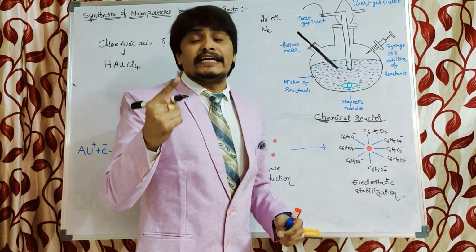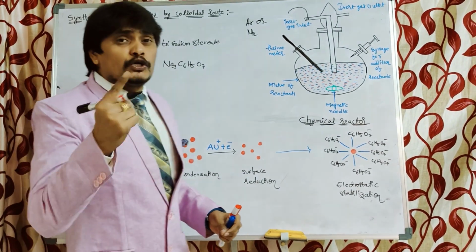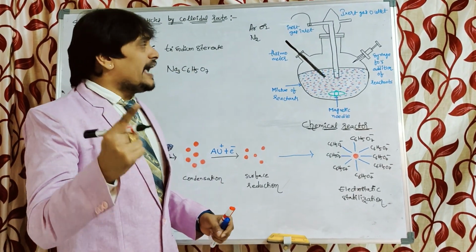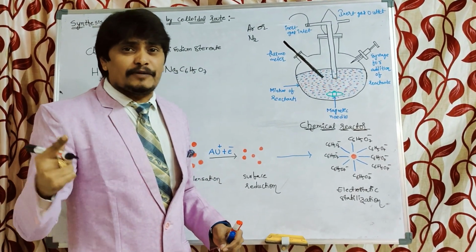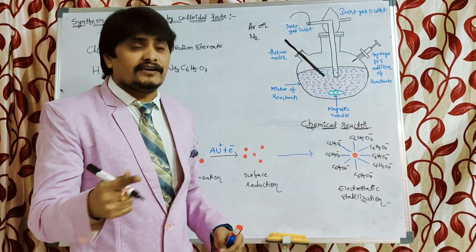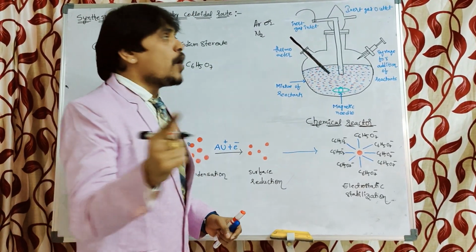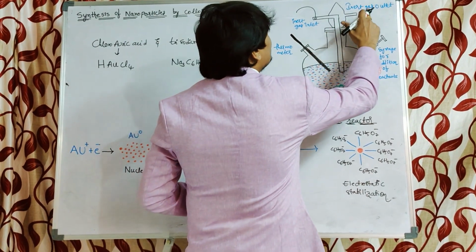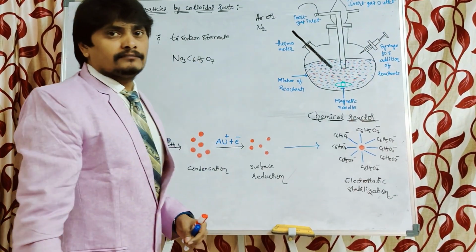So the excess inert gas passed inside the chemical reactor is expelled out by means of this inert gas outlet.